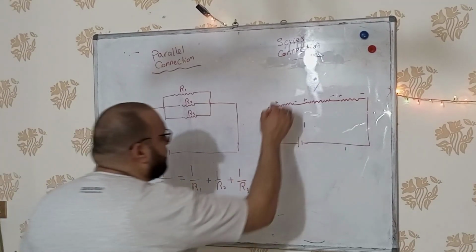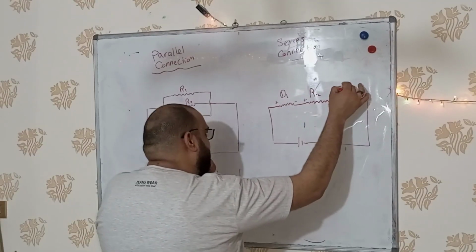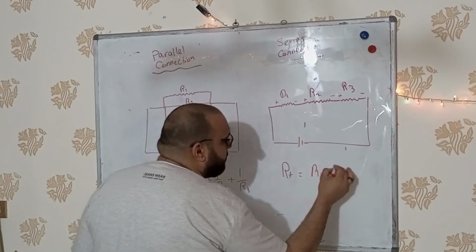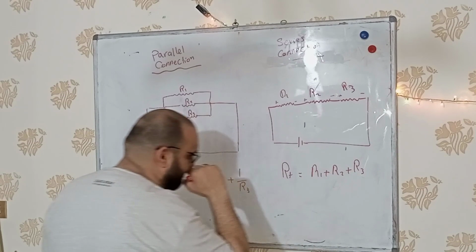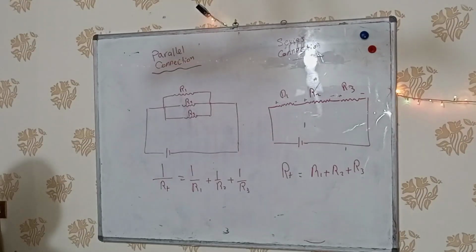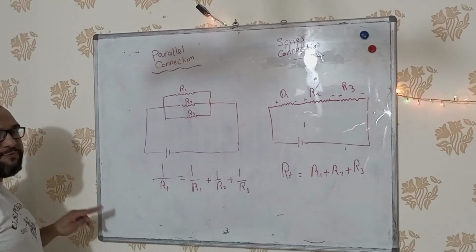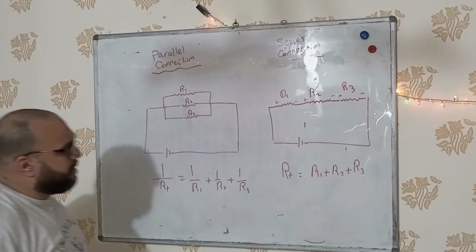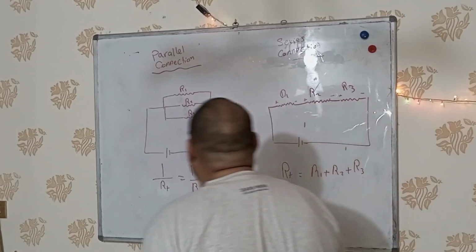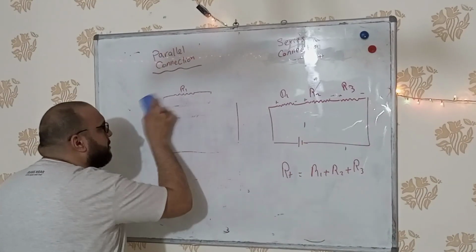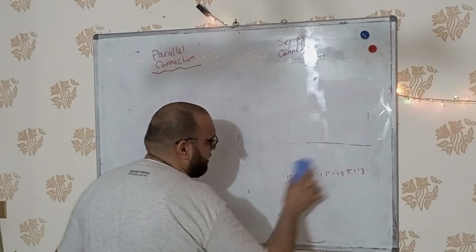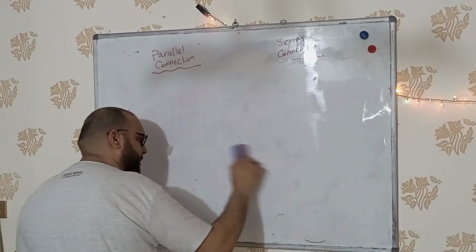For the series connection, R total will be equal to R1 plus R2 plus R3. Here is a way of connection for resistors. Also, we have another way of connection for batteries, for cells to form a battery. We are able to connect batteries in series or even in parallel.